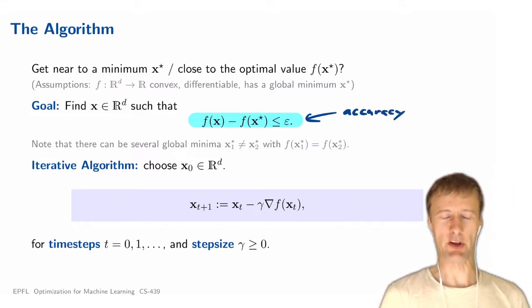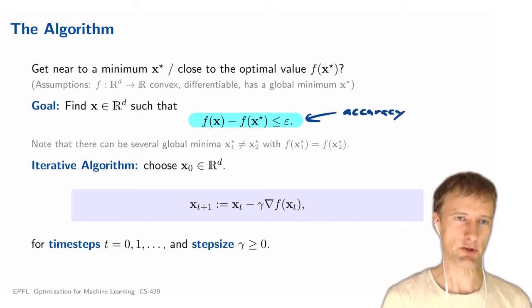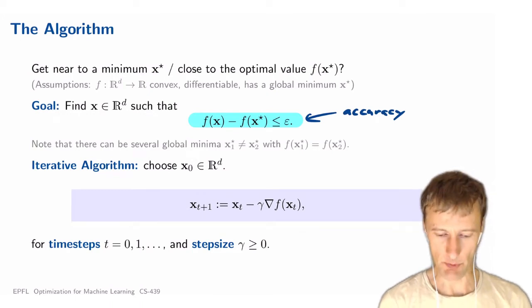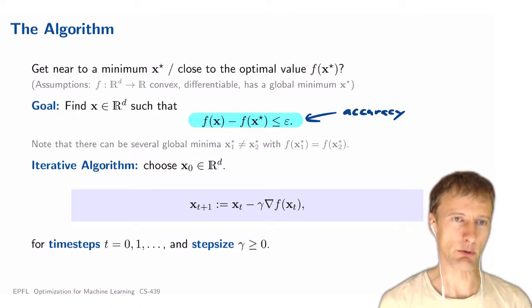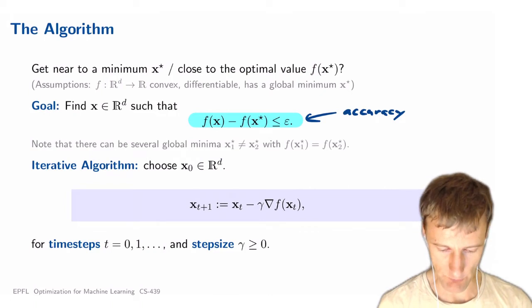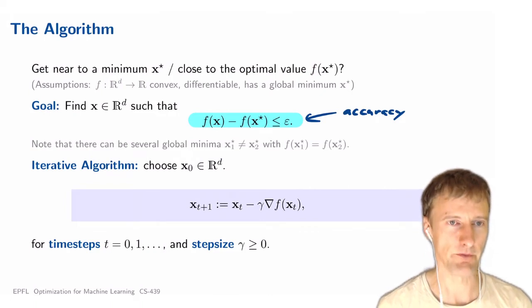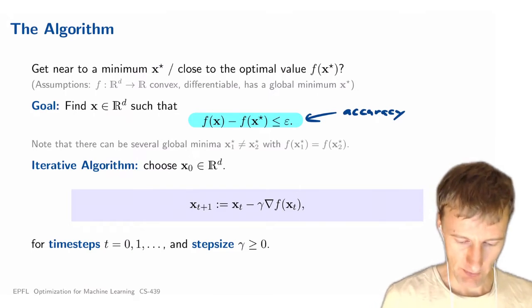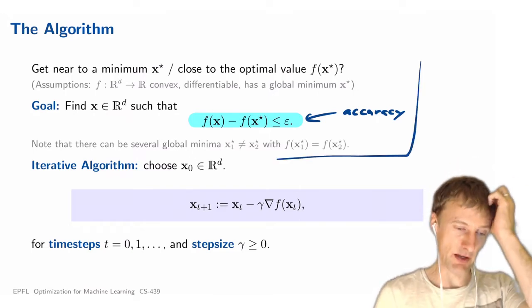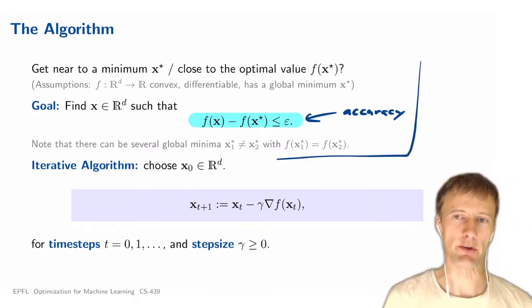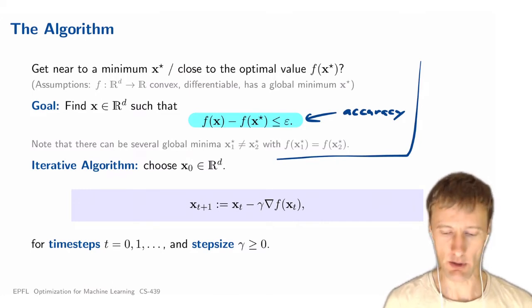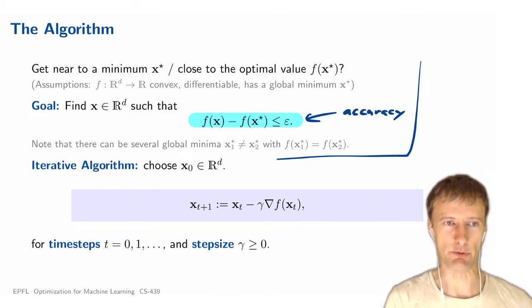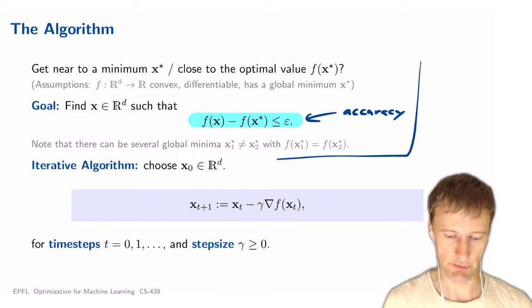In a machine learning setting, this would be like the training loss, which you optimize, and you want to bring that epsilon close to the true optimum if you can. So this is the goal. This has nothing to do with algorithms yet, but how we can achieve this goal is by certain algorithms.